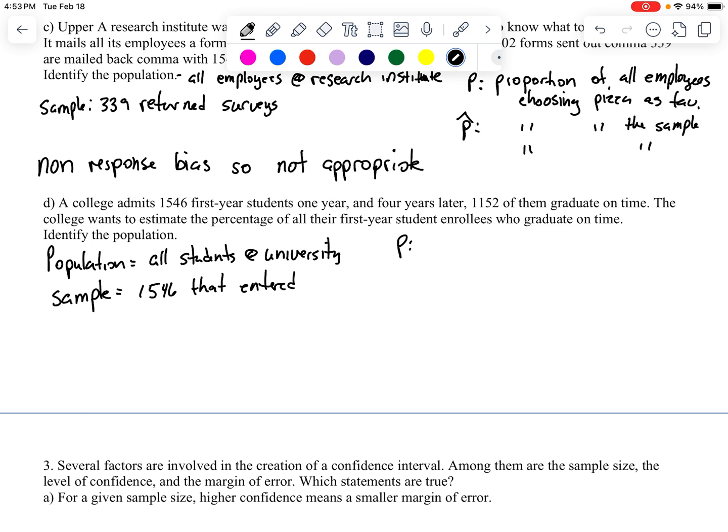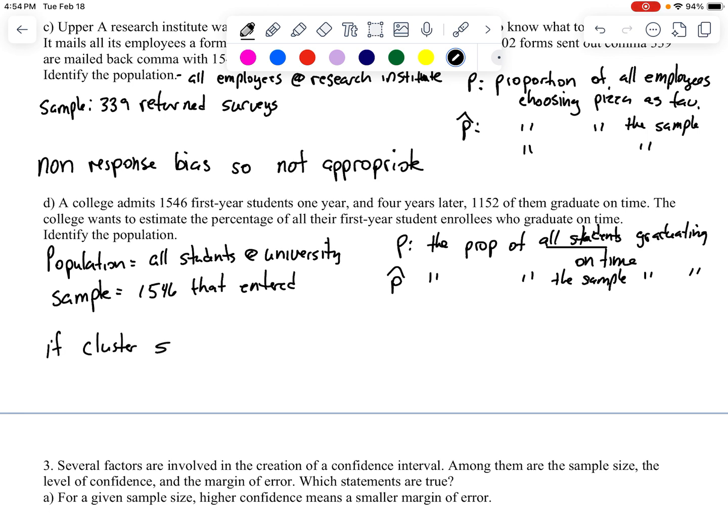Okay. The parameter here, P, is going to be the proportion of all students who graduate on time. And the P hat is the proportion of the sample graduating on time.